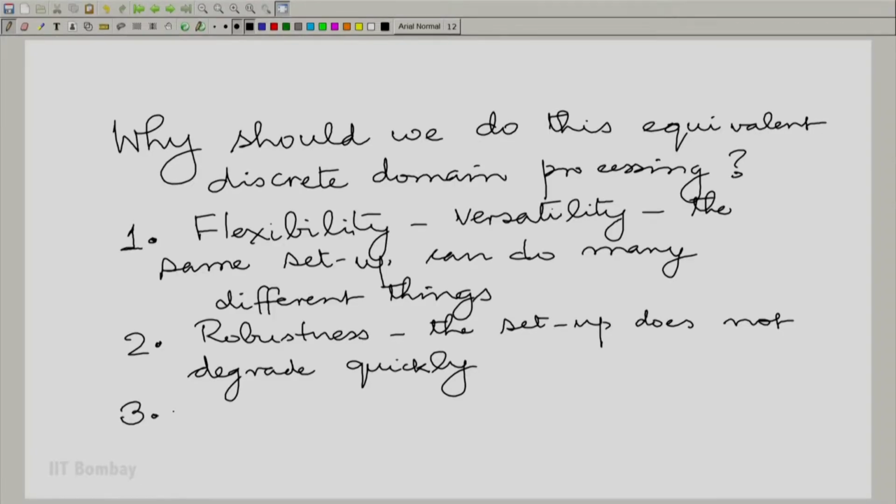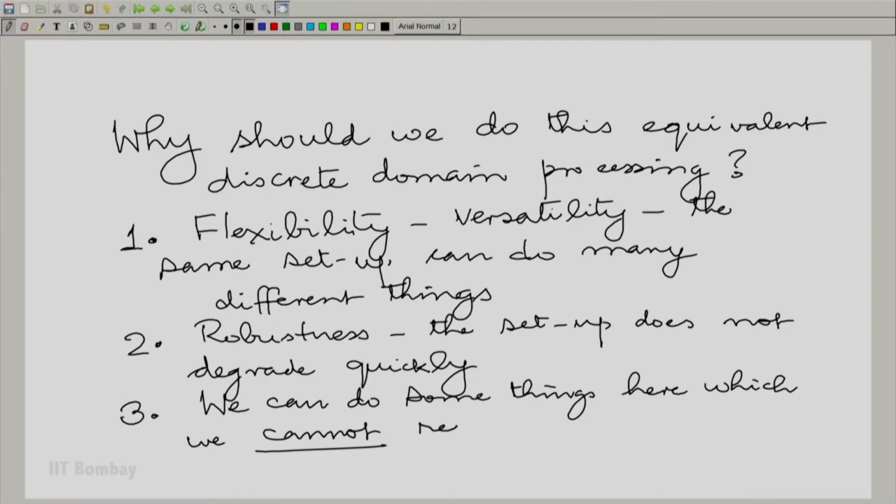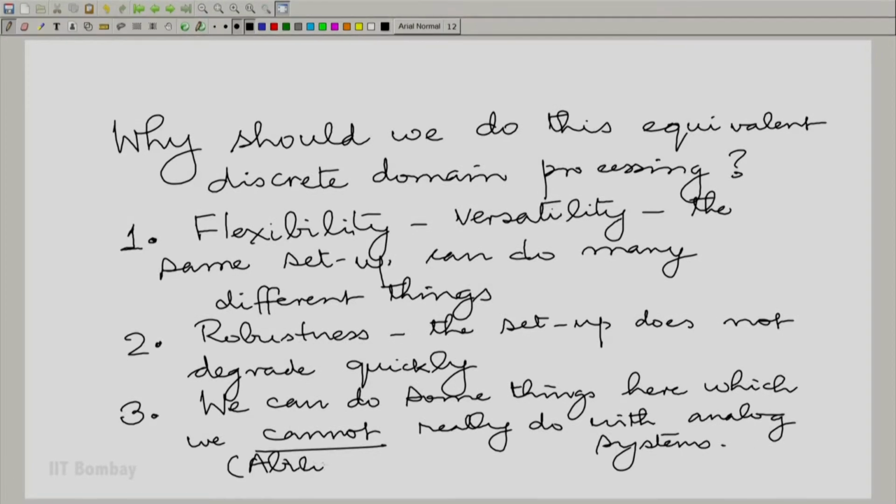Robustness, as we said, is another. The third is that there are certain things you can do here which you just can't do with analog systems. So, of course, there is a difference between flexibility and this point, abilities beyond analog systems, we should call them. Some of those esoteric responses that you wanted, for example, with equalization, are very difficult to achieve in the analog domain.